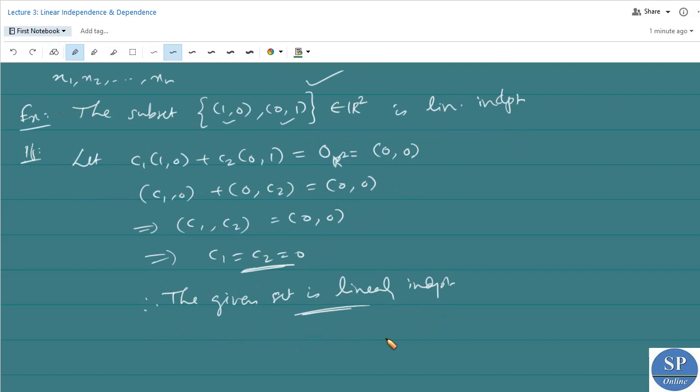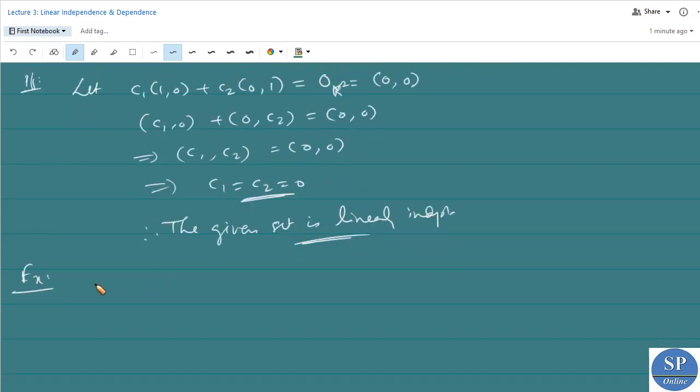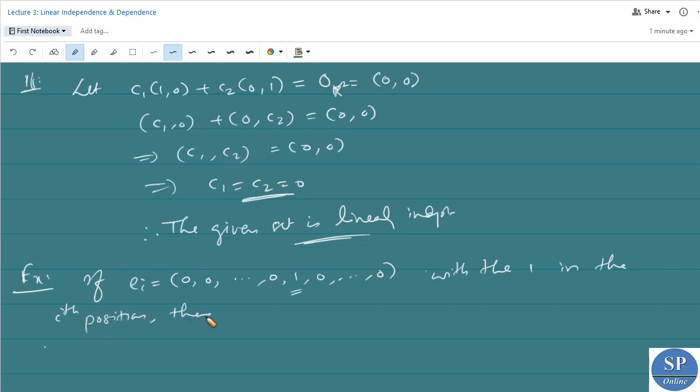In a similar way, we can show that if ei is equal to (0, 0, etc., 0, 1, 0, etc., 0), with the 1 in the ith position, then the set {e1, e2, etc., en} is linearly independent.